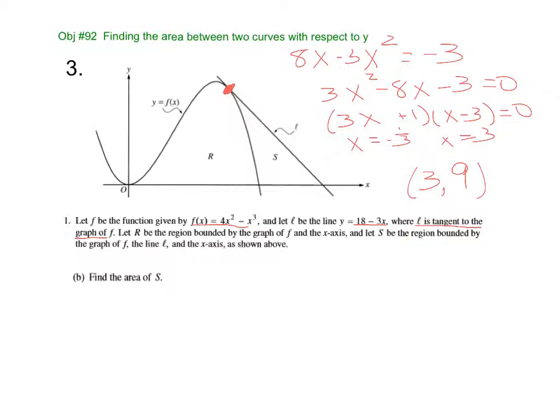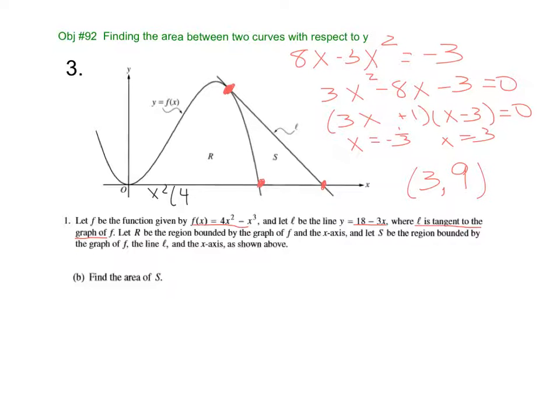We also need this point. Well, both of these points really, right? So take a second. What are those 2 points? If we take our function 4x squared minus x cubed and find its zeros, if I factor out x squared, I'm left with 4 minus x.